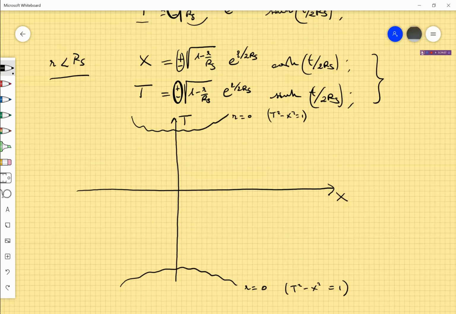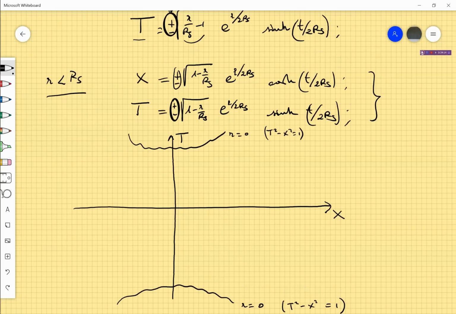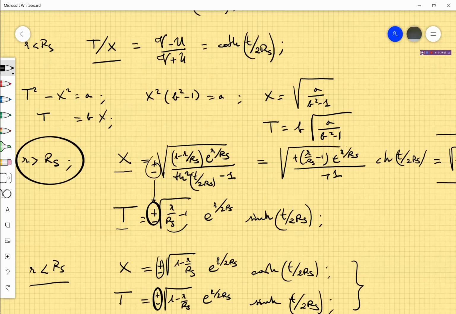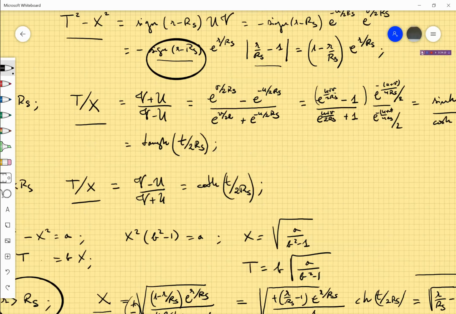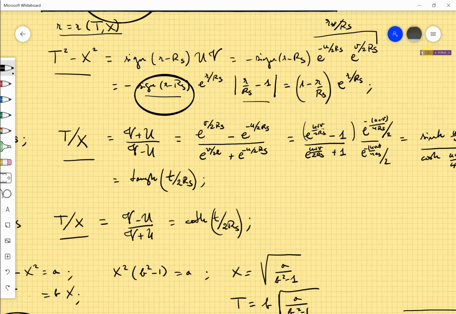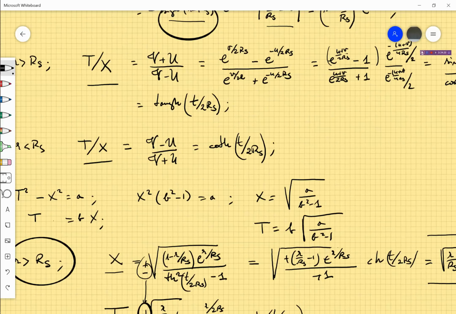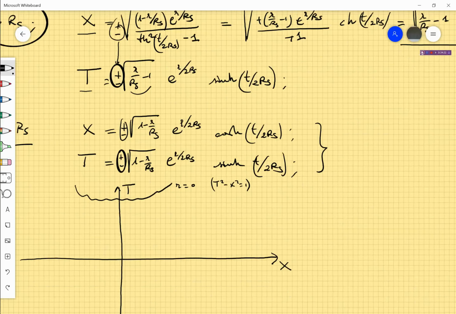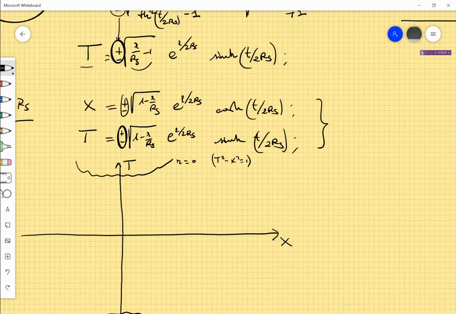Another thing that we can draw is this surface r equal to rs. Now, if r is equal to rs, t squared minus x squared is equal to 0. But the solutions to the equation t squared minus x squared equal to 0 are 2. t squared is equal to x squared.